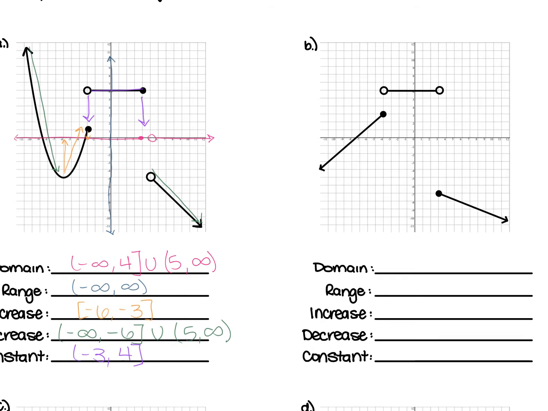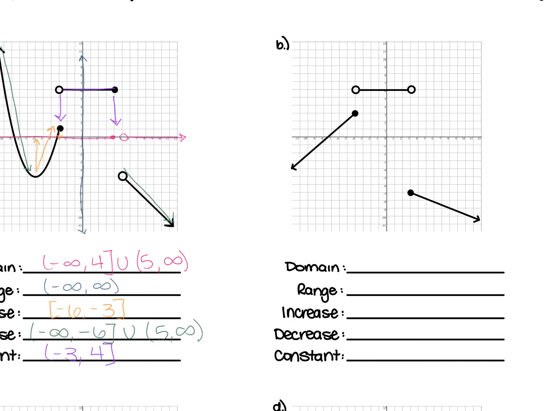For example B, you have 3 lines on this coordinate plane. So our domain are our x values. We go from -infinity up to -4. It stops there, but then picks up at -4, goes to 3, picks up at 3, goes to positive infinity. So your domain on this one is just from -infinity to positive infinity. Your range are the y values that are being covered.